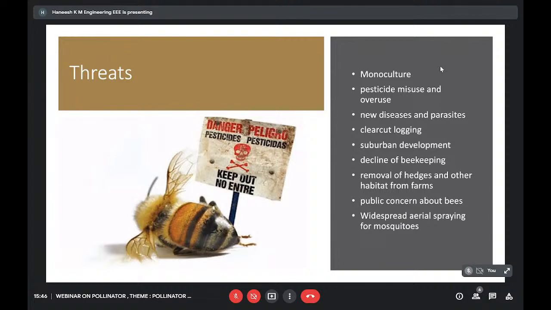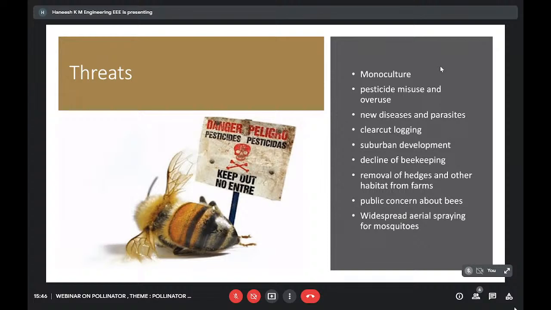And decline of beekeeping: if the number of bees is coming down, it is directly impacting the cultivation as well as the outcome from the cultivation. We also have the habit of making all the areas clean. We cut down all the grasses and hedges, make the farms neat, and clear out all the weeds.